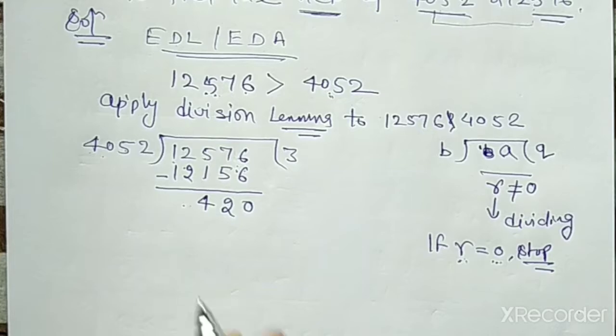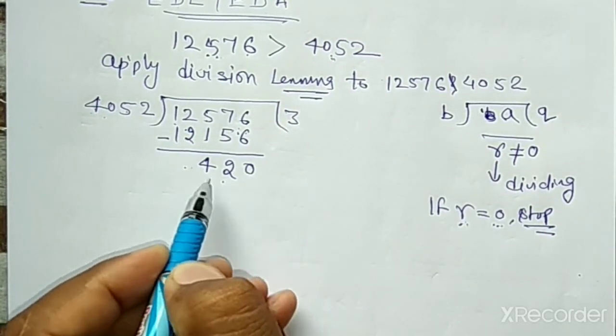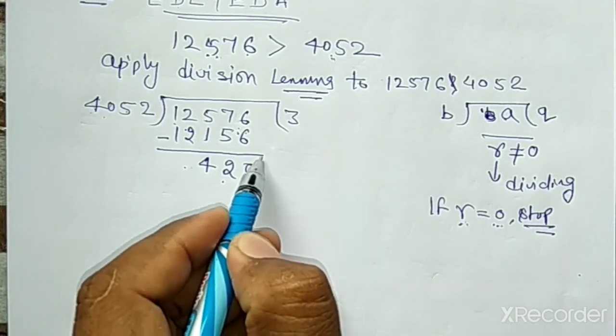See how we solve. This remainder is not 0, so we keep on dividing.